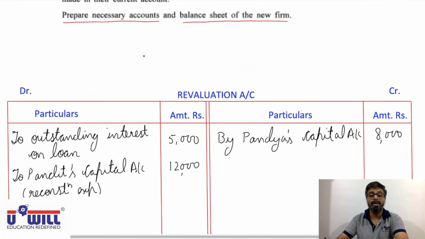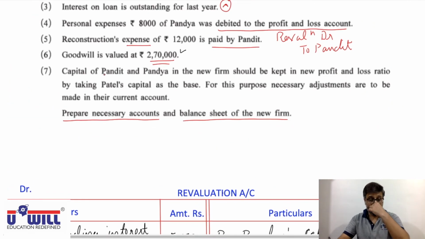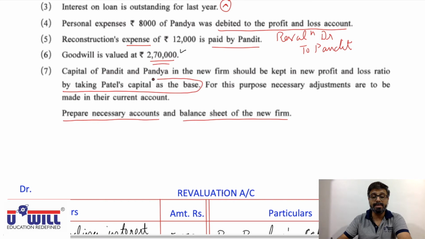Adjustment number 7. Capital of Pandit and Pandya, that is old partners, in the new firm should be kept in the new profit and loss ratio by taking Patel's capital as base. Patel is the new partner.